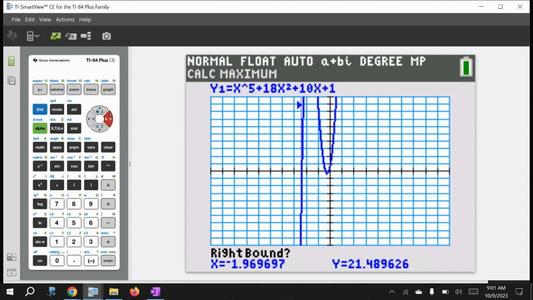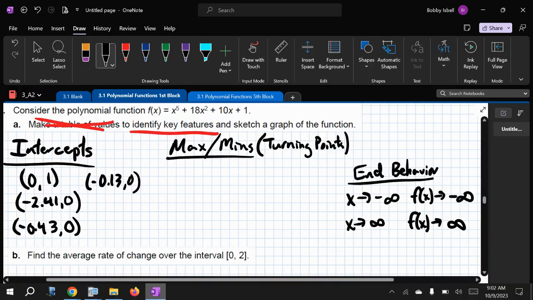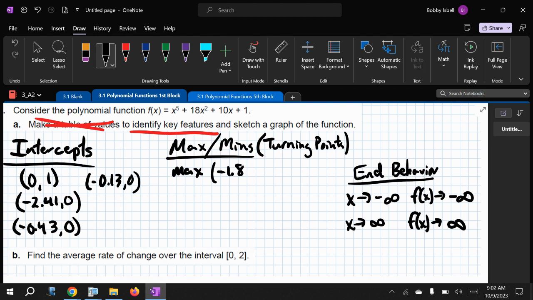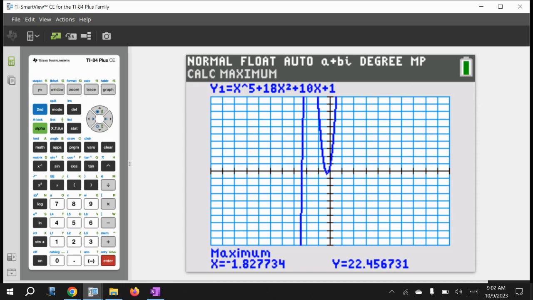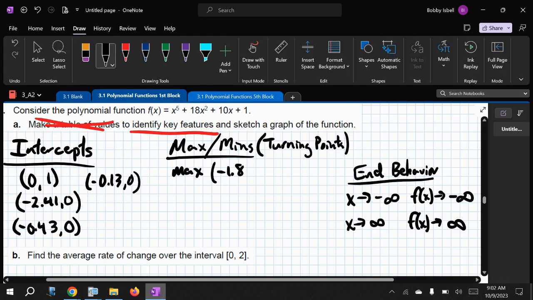We'll move to the right. There I am to the right. Just going to move back a little bit. And there I have a maximum at -1.83, 22.46. Can't remember these numbers: -1.83, 22.46.